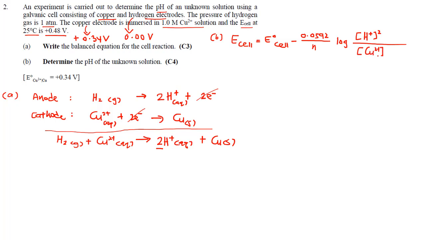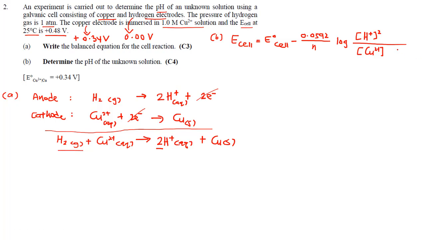Another thing that you should take note of here is that we must also take into account our gas state, our hydrogen. The partial pressure of hydrogen must be included, because when we write this expression, product over reactant, we consider not only the aqueous but also the gaseous state.